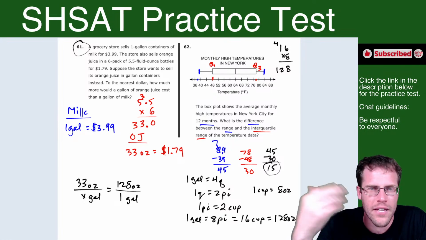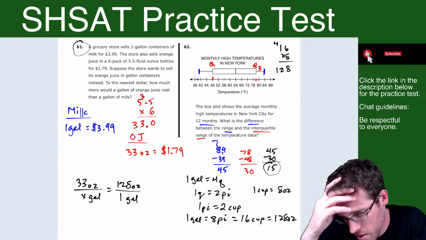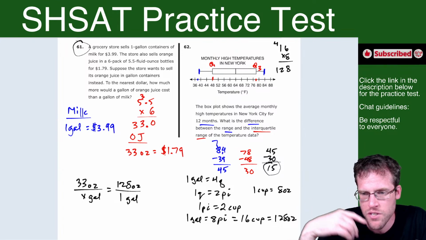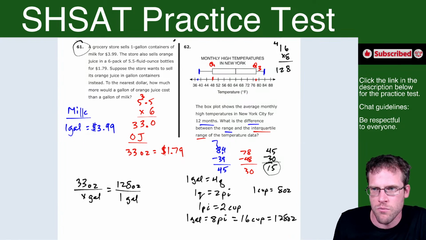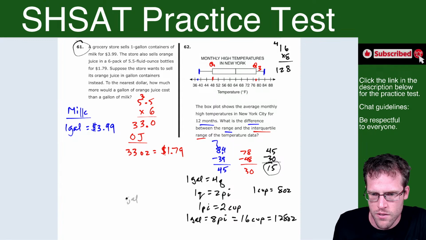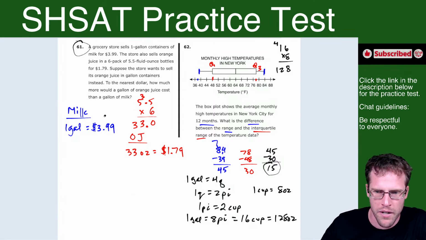Obviously if I had a calculator, it would be done very quickly. But remember, it's 33 ounces for $1.79. We got to find out how much it is for 128. Okay, let me just do it the painful way.